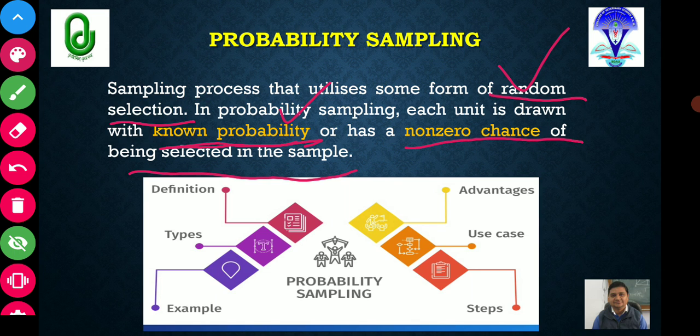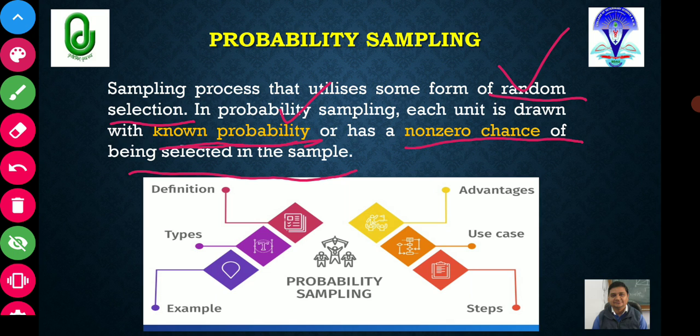Each and every element of the population will have certain probability of being selected. That means it will have non-zero chance of getting selection. And this kind of sampling is known as probability sampling.